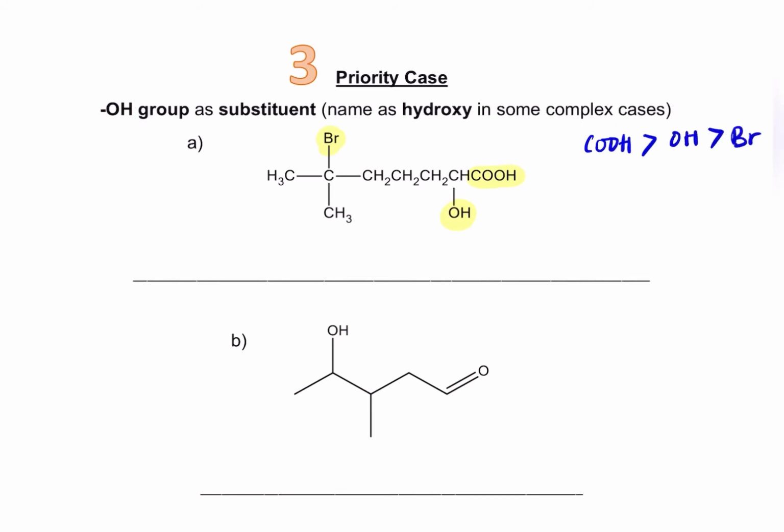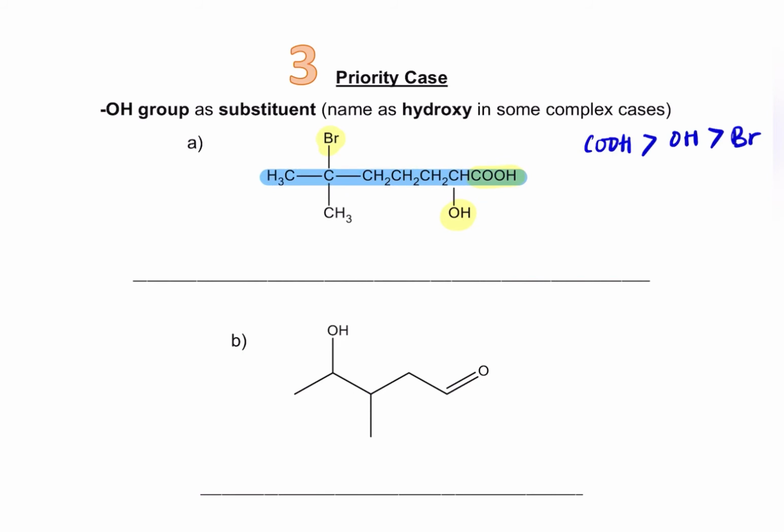So in this part, my parent is going to be the carbon chain that contains COOH. So I'm going to highlight the parent chain with the blue color. I'm going to start from here towards the left, until there.